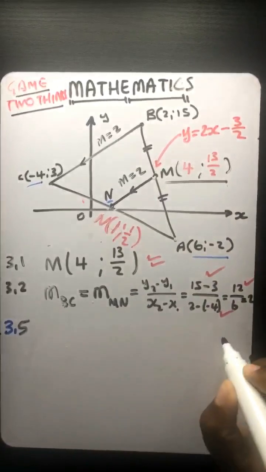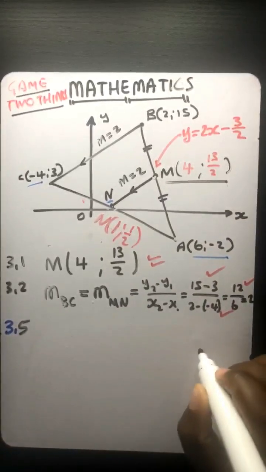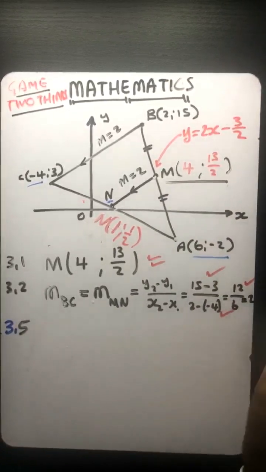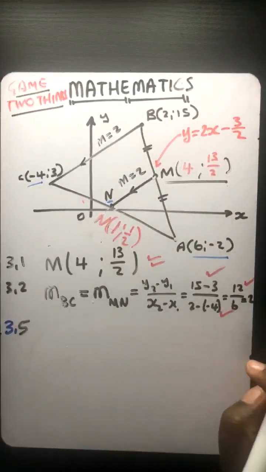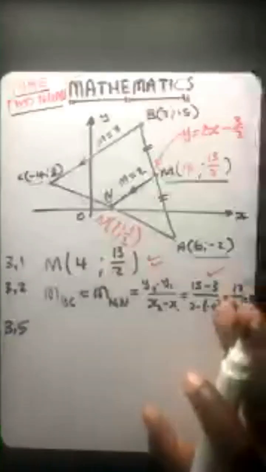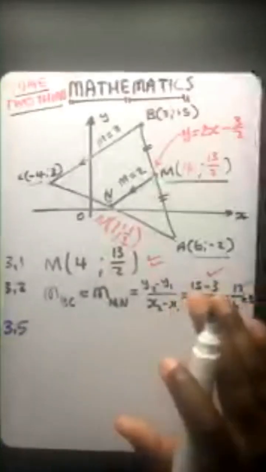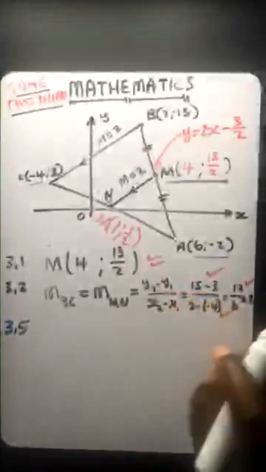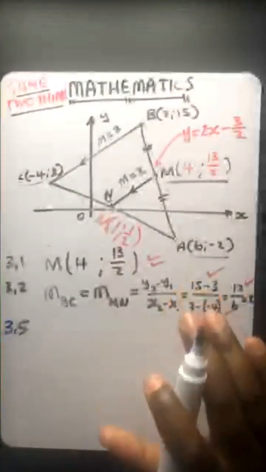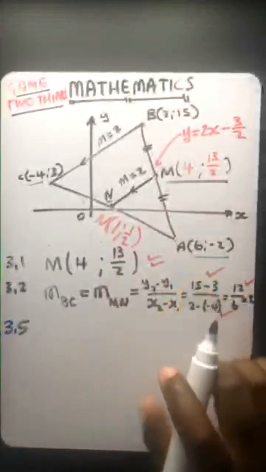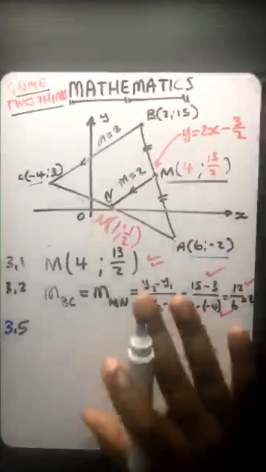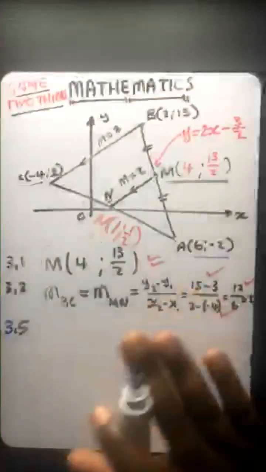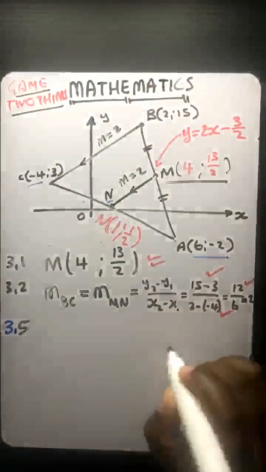So now that you are aware of all that you need to know, it is now your responsibility to make sure that you practice as many questions as possible. Why do you need to do that? It's because the main aim is to look for that question which I did not cover in my lessons. If you come across that question and you find it difficult, that's when you can consult with me to say, we have done this chapter, I've attended all the lessons, but here is a question.